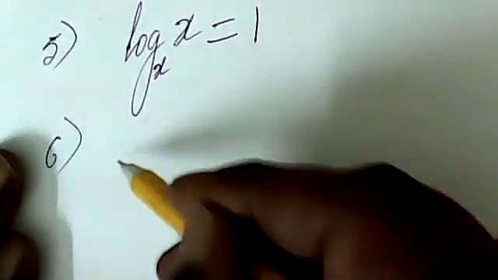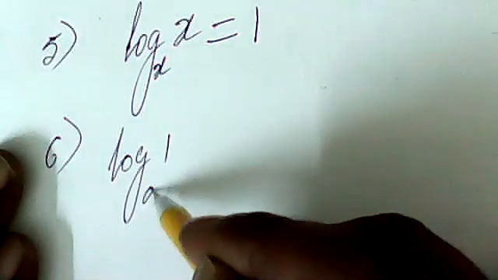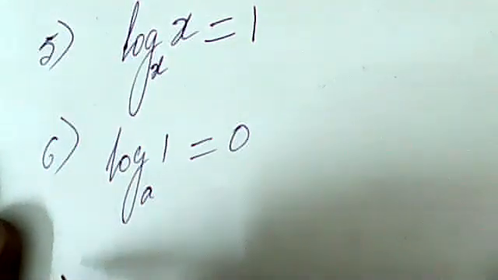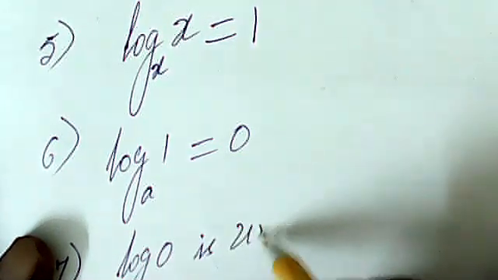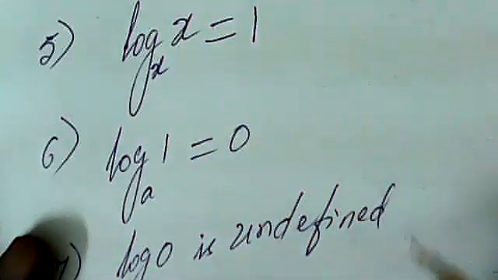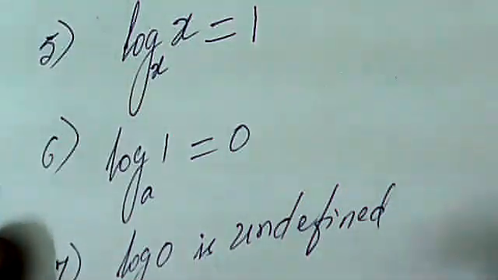Sixth one. Log of 1 to any base a is 0. Seventh one. Log of 0 to any base a is undefined, so we can take it as minus or plus infinity, depending upon the base we are taking.